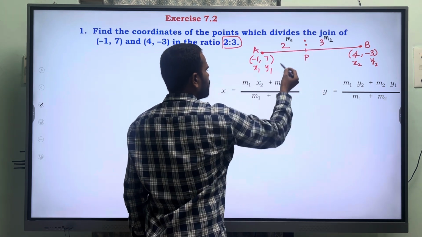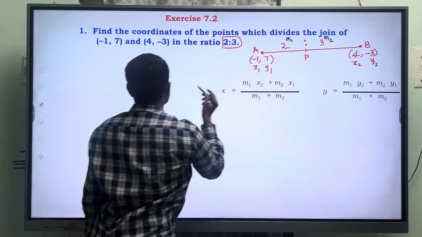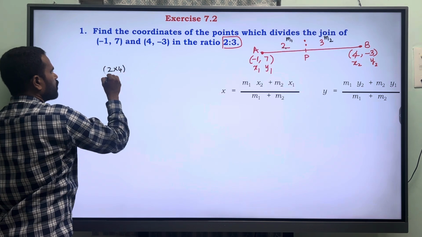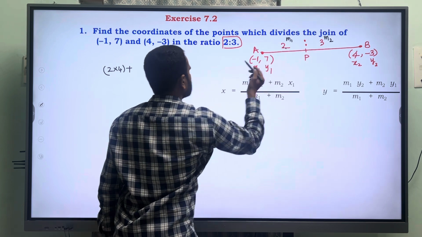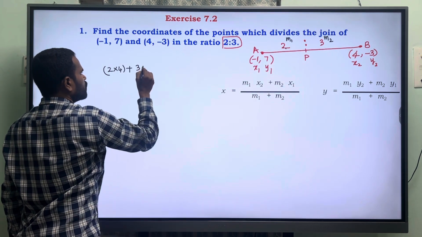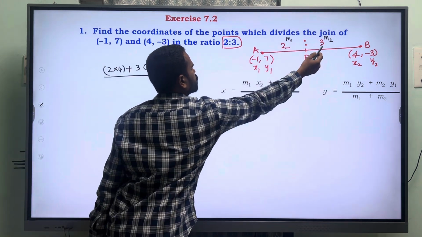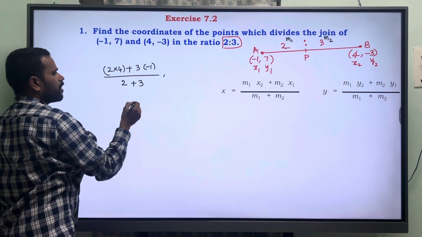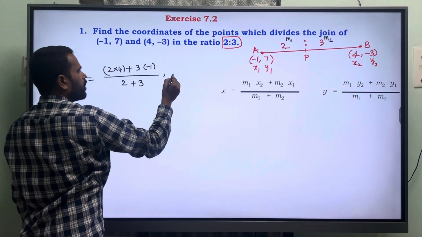What is the formula? m1 x2, that is 2 into 4, plus m2 x1, that is 3 into minus 1, by m1 plus m2, that is 2 plus 3. This is the x coordinate.